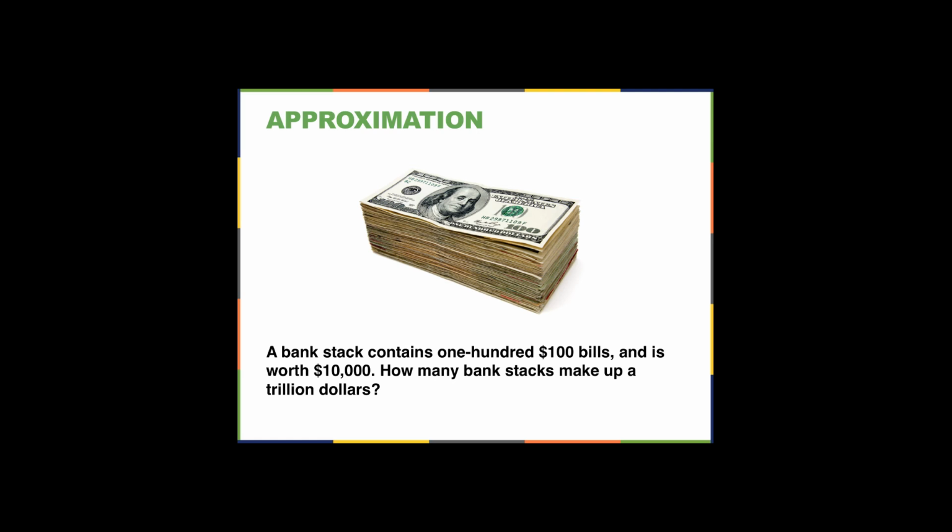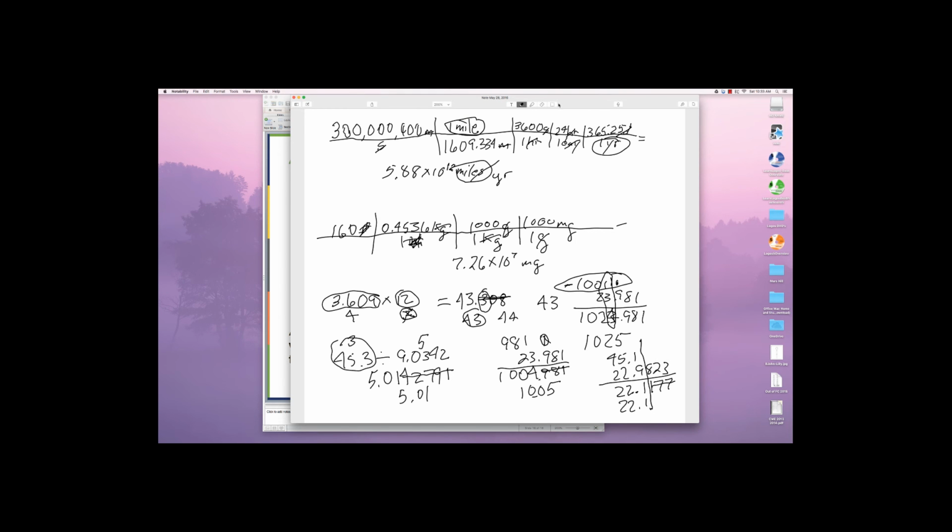Another way to do this is to look at scientific notation. 10,000 is 10 to the 4th, or 1 times 10 to the 4th. A trillion, which I'll just tell you, is 10 to the 12th.